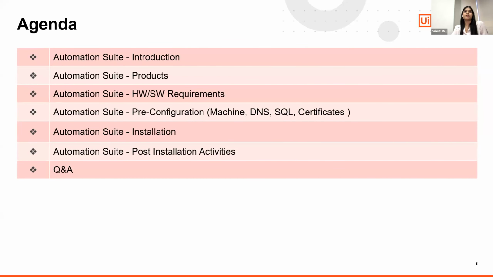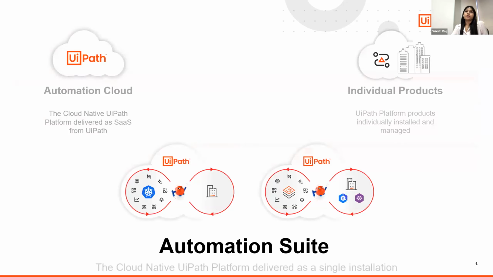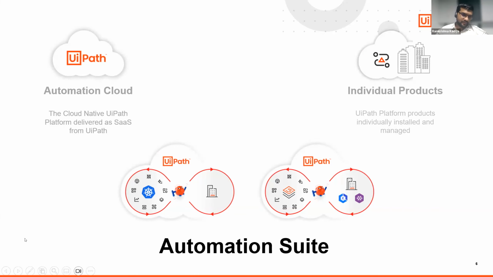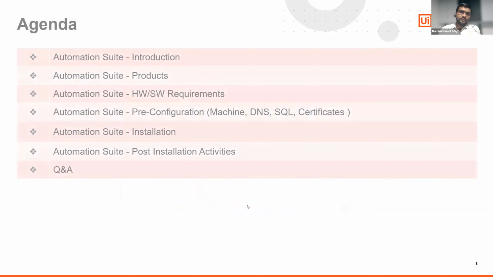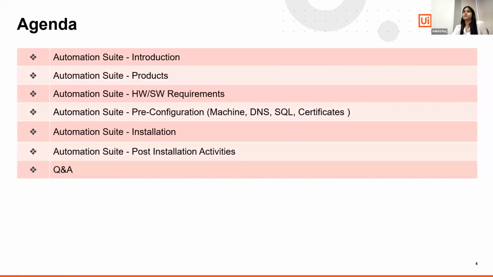So this is the agenda for today. We have the Automation Suite introduction, a basic introduction of what UiPath offers for Automation Suite. Then the products we include in Automation Suite as a package, as a bundle. Then we will walk through the hardware and software requirements. Next comes the pre-configuration of machines, SQL database servers, and certificates.